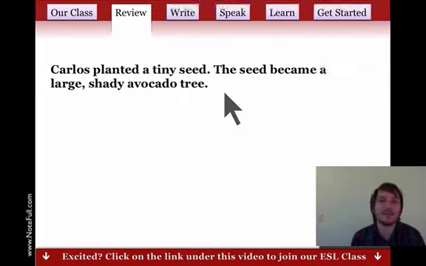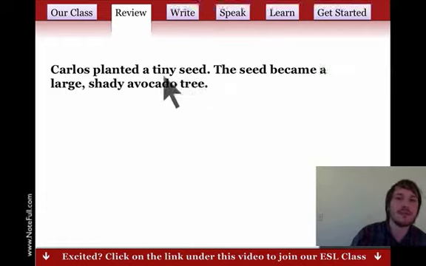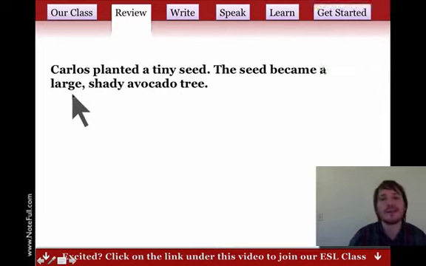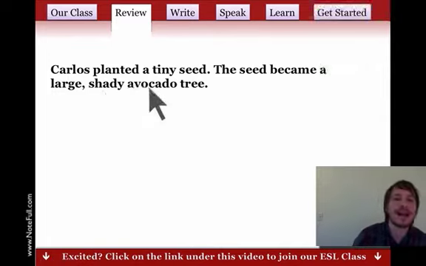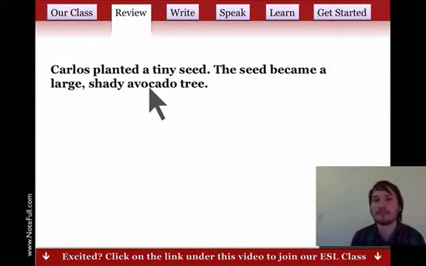How many adjectives do you see here? Did you find some? We have an adjective here, which is tiny. We have an adjective here, large. We have an adjective here, shady. Right? How many noun modifiers do you see? There's one. Avocado is a noun modifier.